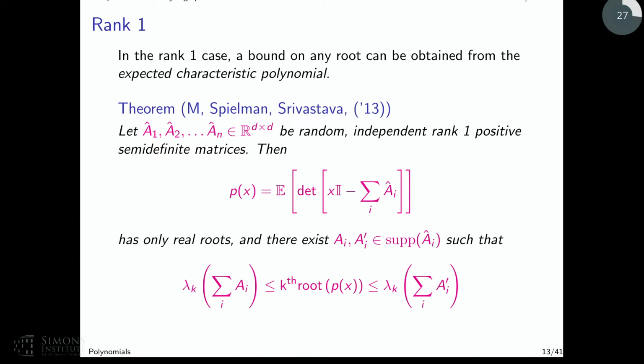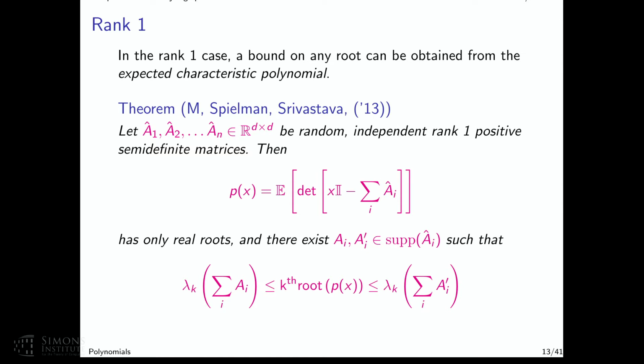And if you iterate this argument, you get a bound, which, at least in the rank 1 case, was mentioned by Will in the previous talk. So if A_1 through A_n are random independent rank 1 positive semi-definite matrices, then let p of x be the expected characteristic polynomial. For each matrix I form a characteristic polynomial and average those characteristic polynomials.